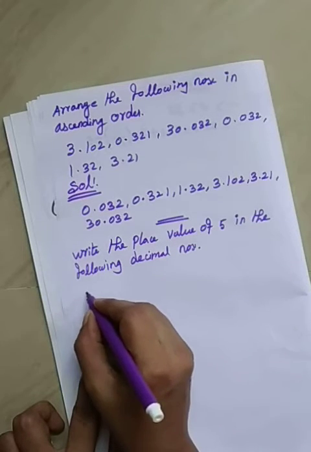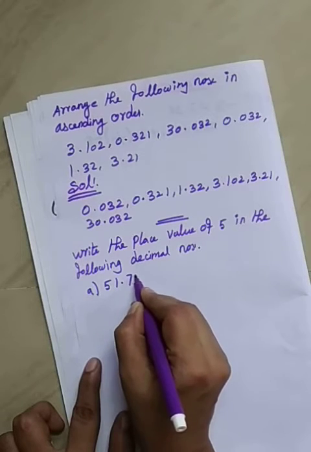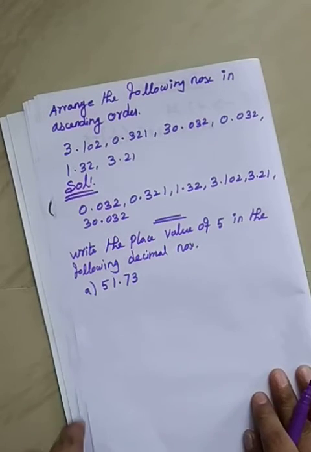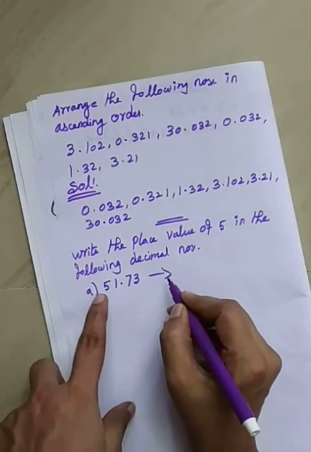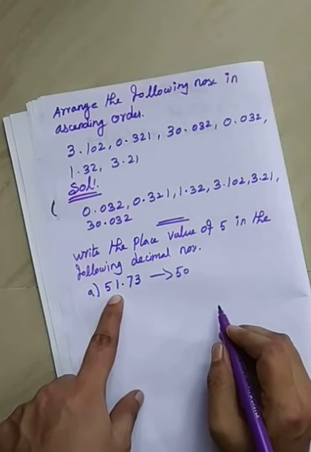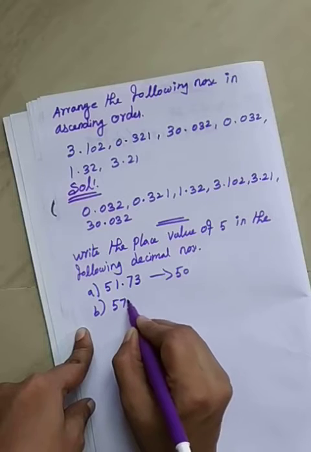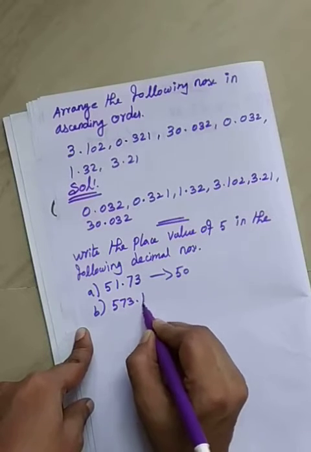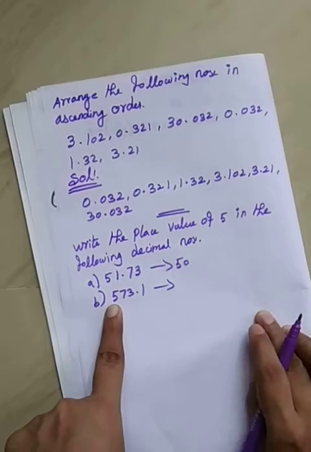See here the first question, 51.73. What is the place value of 5? You have to write 50, right? The next one, 573.1. What is the place value of 5? 500.